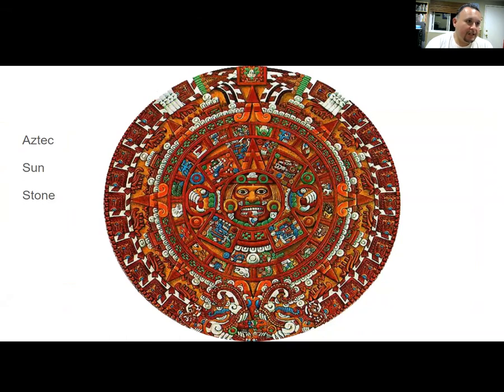Well, here's xiuhpohualli. And it's being pointed out by what is called the year bearer sign. This is the vulture. This is the monkey. And this is death. Those are the 4 signs that we saw. Okay, and they're being pointed out as year bearers.